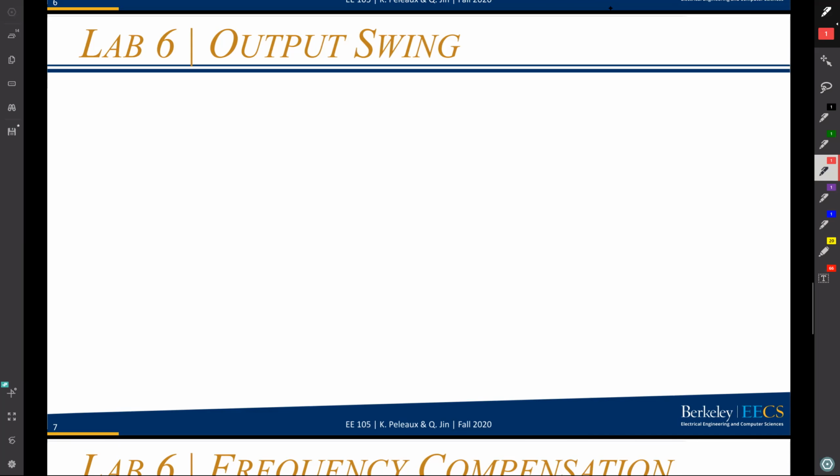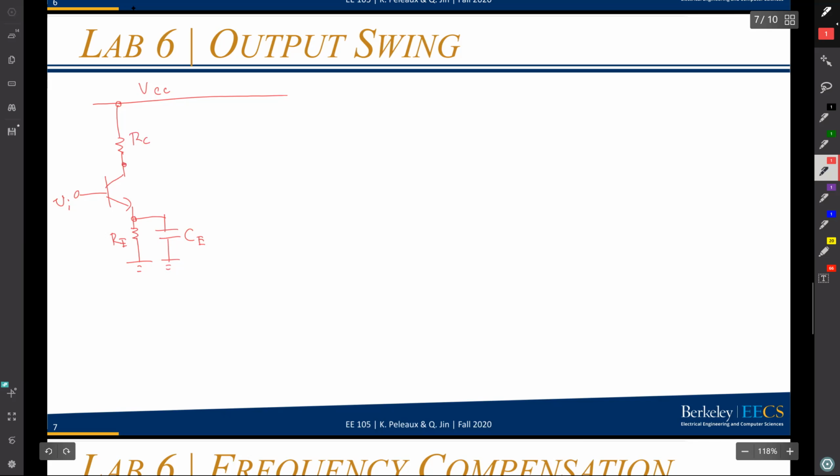Let's just say you have stages 3 and 4 that look like this. You're going to have some VCC, and a common emitter. Like I said, you might want to put degeneration here, you might not. But for this one, I'm going to use a bypass capacitor, which means this is just a common emitter. I'm only looking at the last two stages. So this is my RC. Then I'll put this into a common collector or an emitter follower, whatever you want to call it.